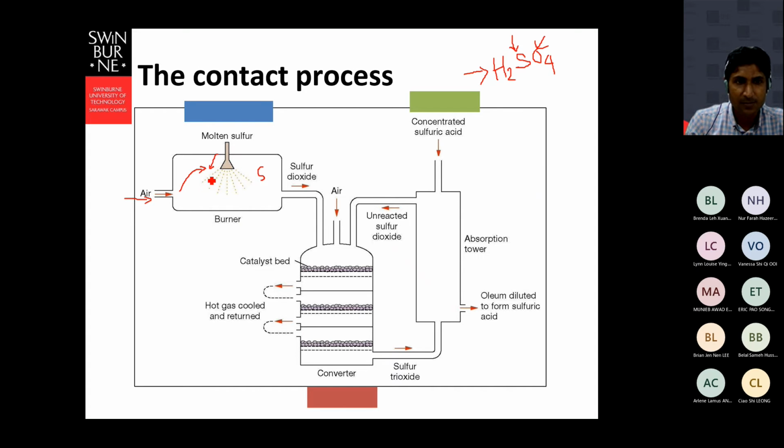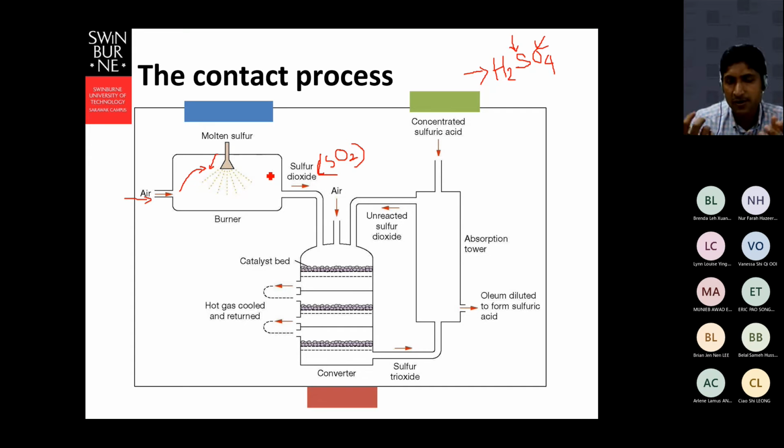So SO2, sulfur dioxide, is being produced. This sulfur dioxide is still far from SO4, right? So we want to put more oxygen onto this sulfur dioxide molecule.